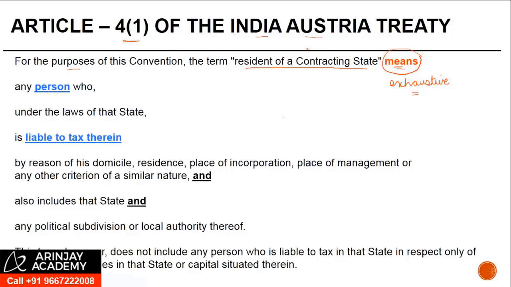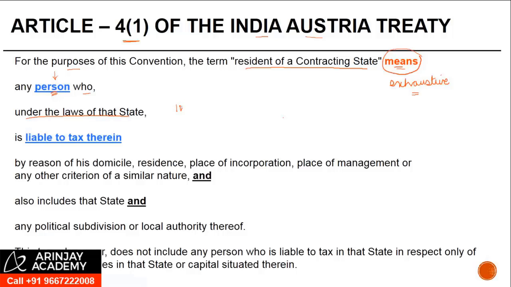But if you are not, then you cannot import the meaning of a resident under the domestic laws to reach a conclusion that you are a resident of one of these countries. Any person, mark the word person, who under the laws of that state, which means what?